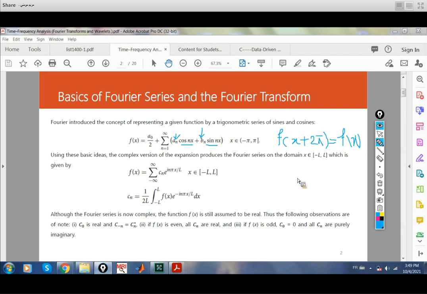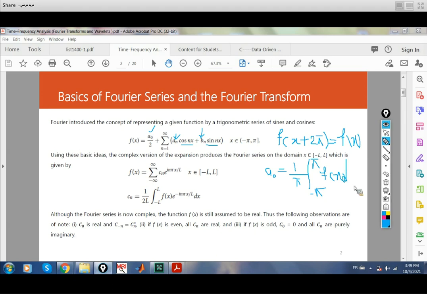For instance, A0 for this function can be calculated by this equation. And I remind you again that I'm writing with a mouse, so if my handwriting is not so good, it is because of this.